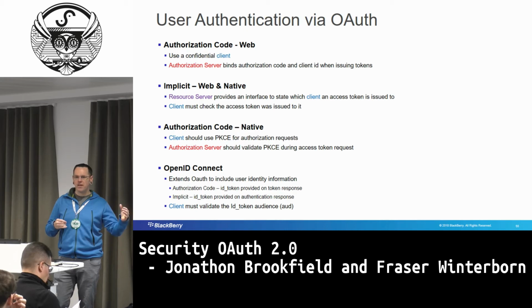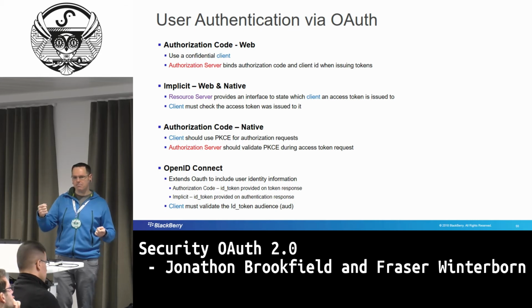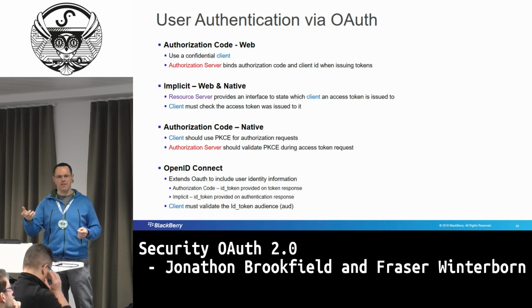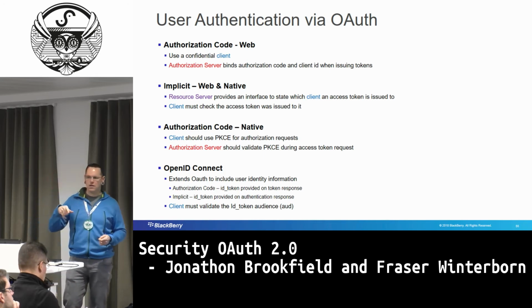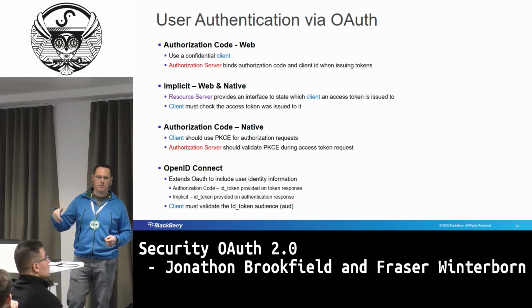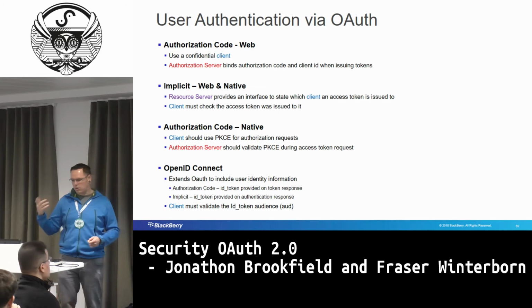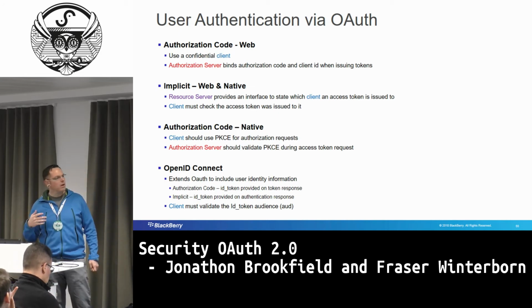So there needs to be an interface on the authorization server that allows the client to take an access token and ask, was this issued to me? And if not, it needs to be able to throw away the access token and just reject that login. This is actually what some of the big identity providers like Google and Facebook do for their implicit flow.